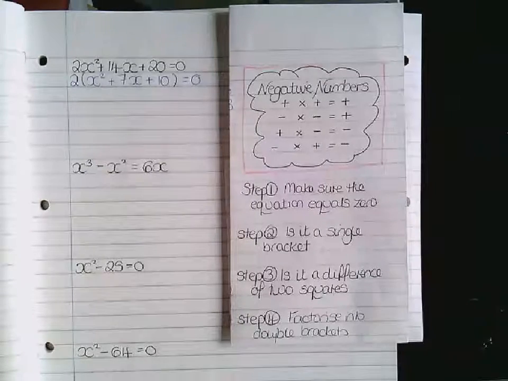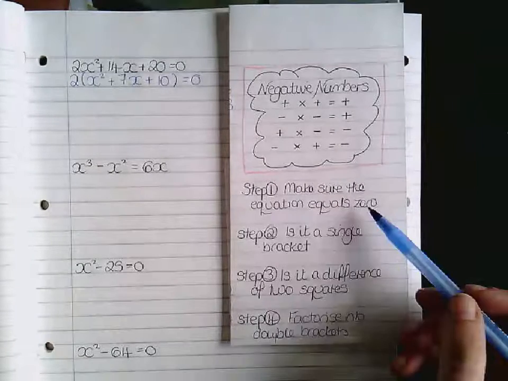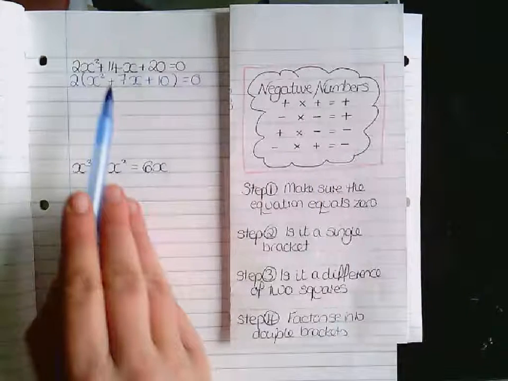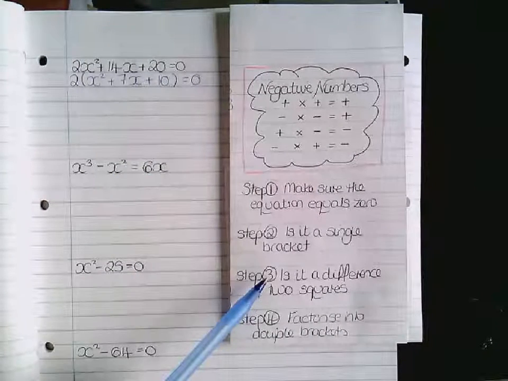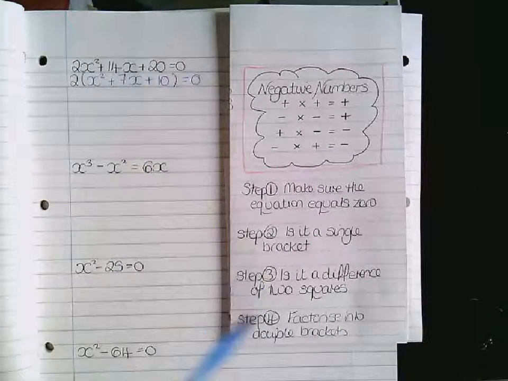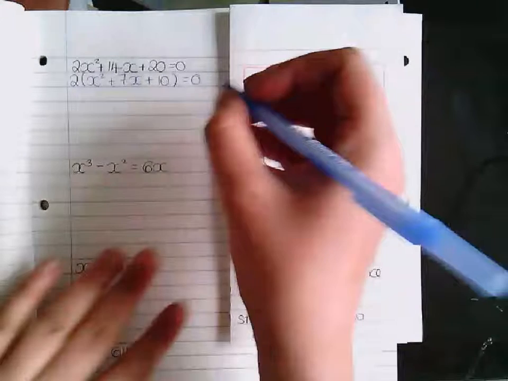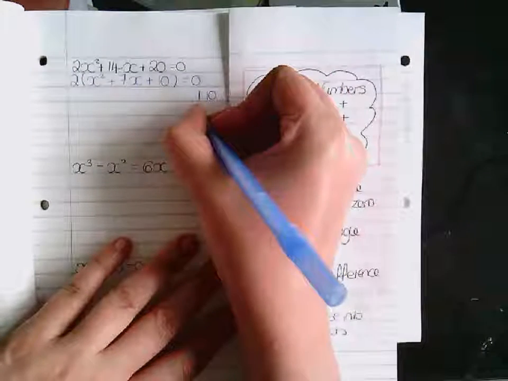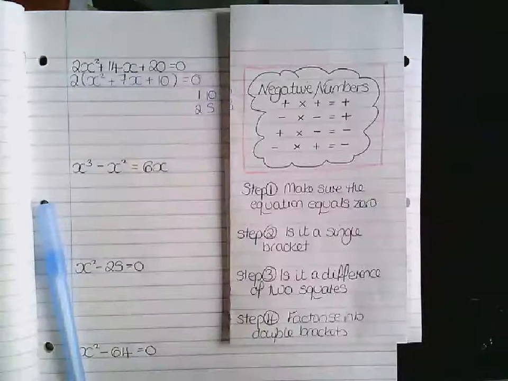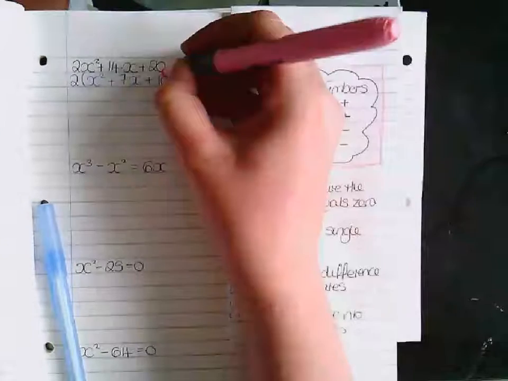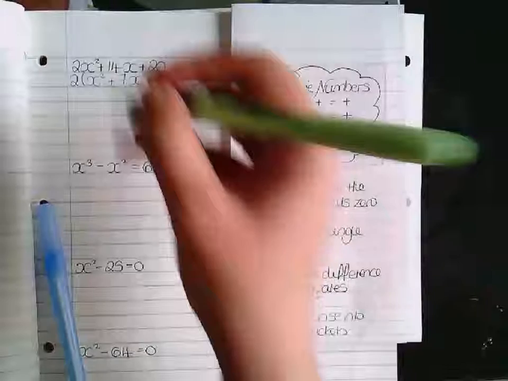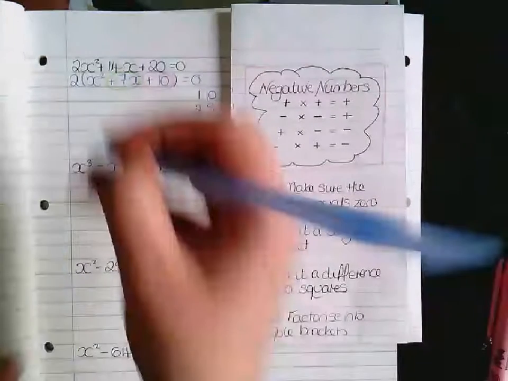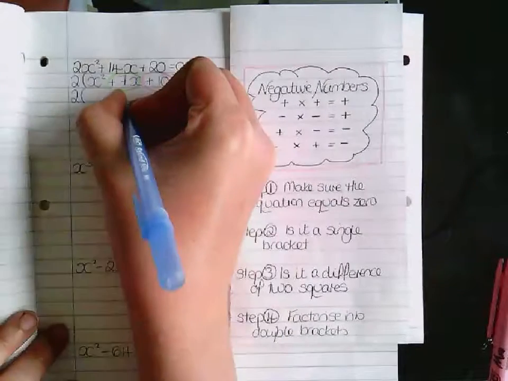Now I haven't finished. Let me go back. Make sure it equals 0? Yes. Is it a single bracket? Yeah. I'm now looking at what's in here. Now I'm going to cover step 3 in a couple of questions' time, but I'm now going to see, does this go into double brackets? 1 and 10, 2 and 5. Because of course I'm looking for numbers that multiply to make positive 10 and add to make positive 7.